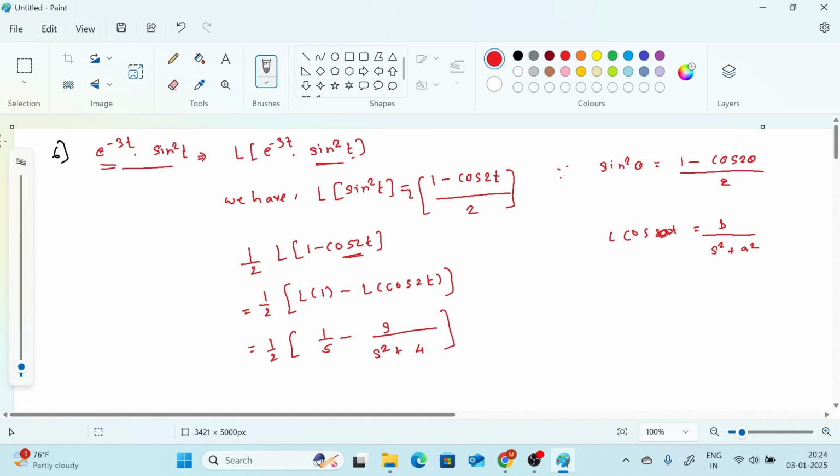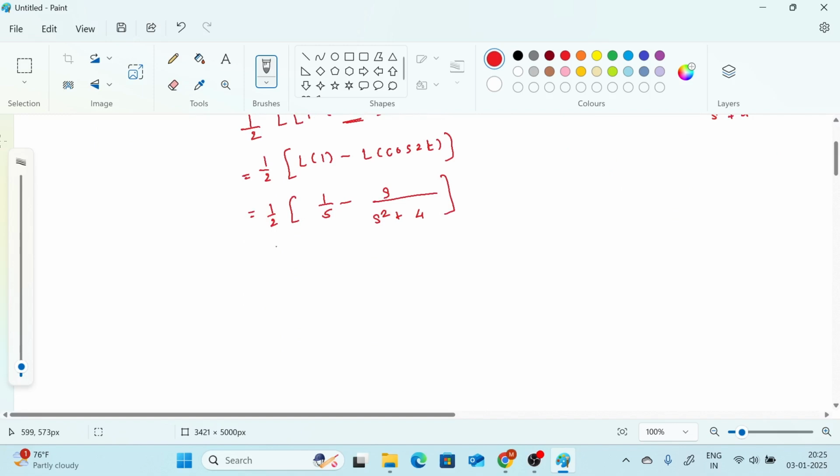If you want to further simplify it, you can do cross multiplication here. 1 by 2, s square plus 4 minus s square, upon s into s square plus 4.